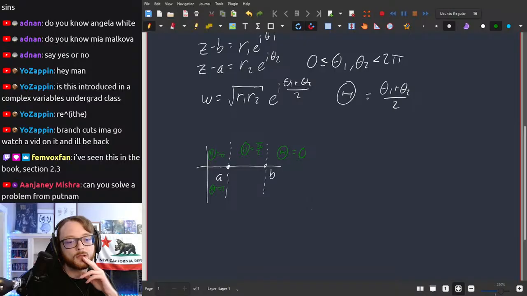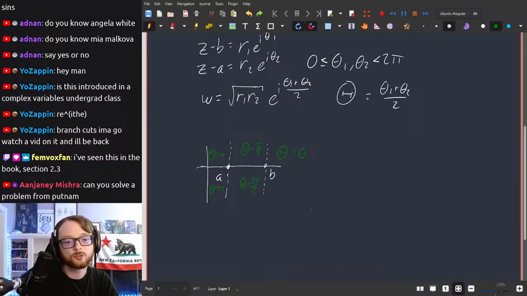Then I assume the argument for 3 pi over 2 is going to be the same as with pi over 2. And then from 3 pi over 2, we're only ever going to hit 2 pi right on this axis.